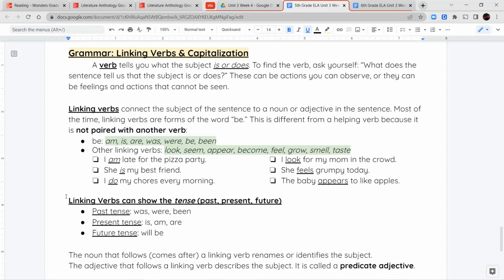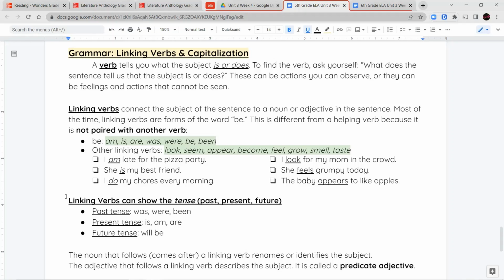These can be actions that you can observe, or they can be feelings and actions that cannot be seen. What does that mean? Let's take a look. Let's think about that. So if you like a particular book, liking is a verb. You can't see when someone likes something, but it's a thing that they experience or they feel.